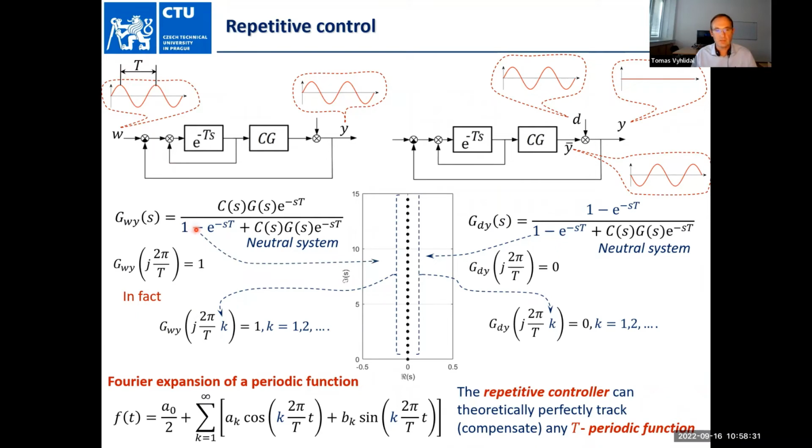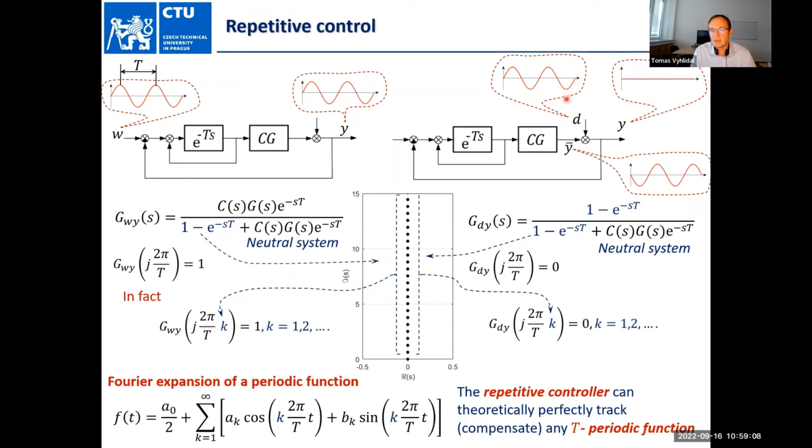If we know it, we include the delay with this period, and if everything goes well, we suppress the disturbance perfectly. It is done by 0 compensation.